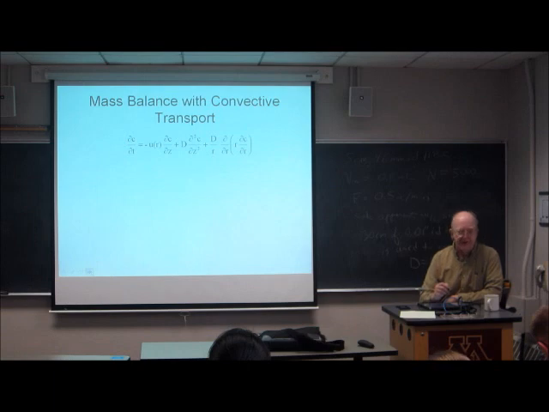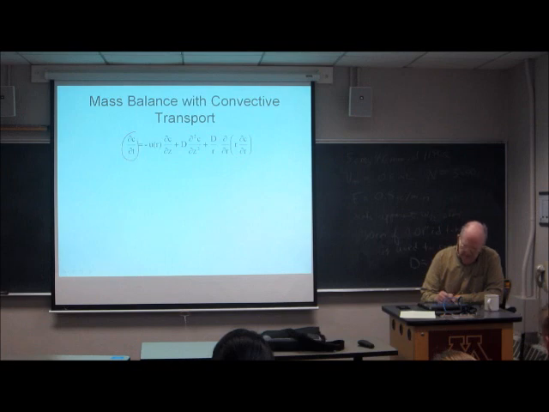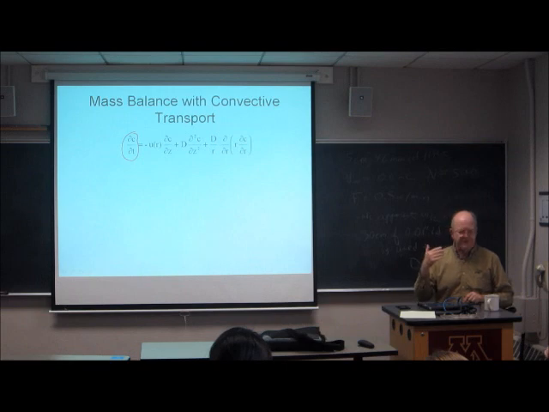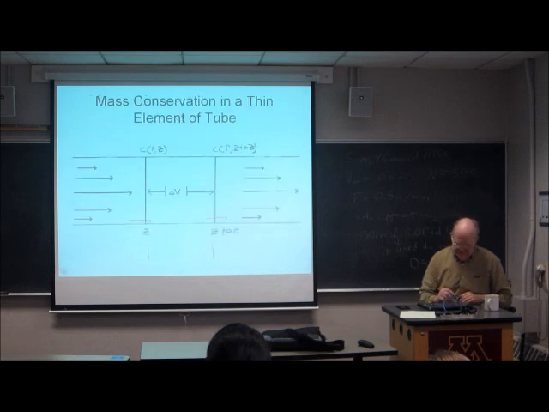If you set up the mass balance, it works out to this. This is the rate of change of the concentration of the solute. Remember, there's no stationary phase, so I don't have to worry about the stationary phase, it's the solute concentration. This is just mobile phase solute concentration. So the rate of change of the concentration inside this zone is dc dt.